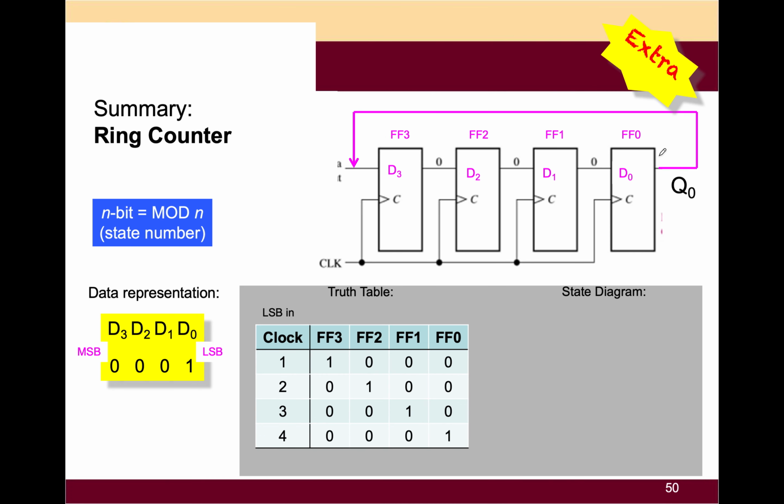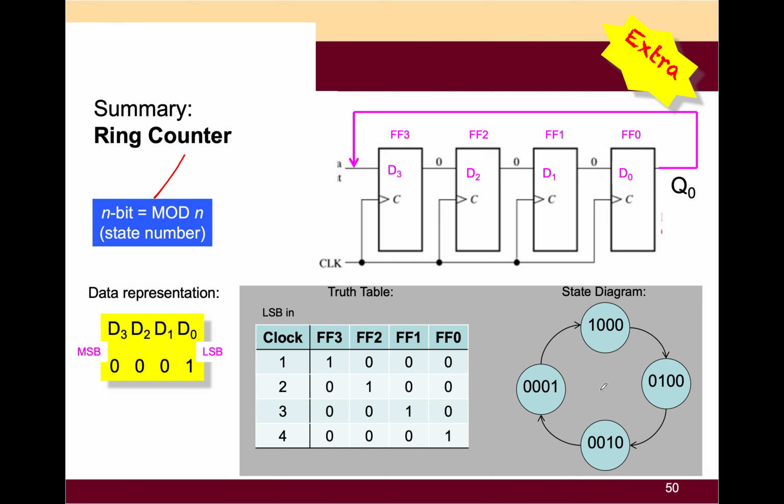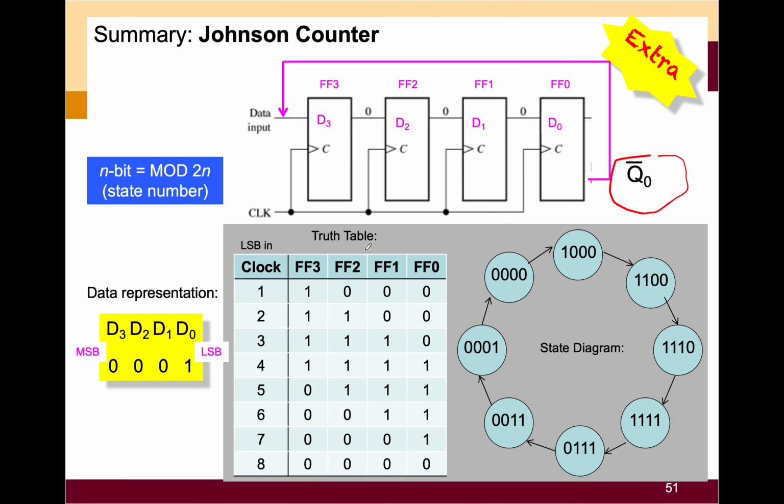So here is a summary for the ring counter, where n bits equals this, and this is the truth table and also the state diagram. And this one is under the Johnson counter, the difference is at this part and also in the data representations.